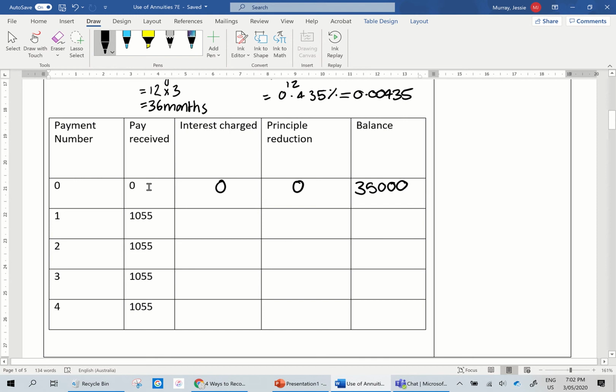You're not paying in advance, you're paying for that month as you're going. So that makes all of these zeros. So my balance is 35,000 that I have owing initially. So then after the first month, the car loan place has received my payment of $1,055.